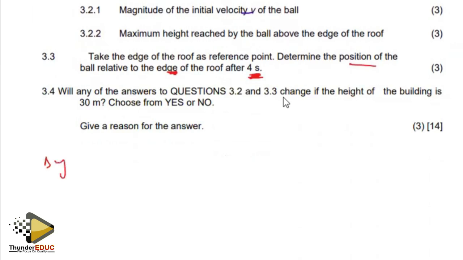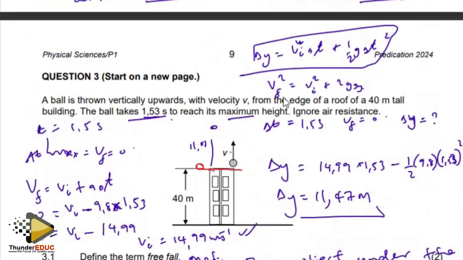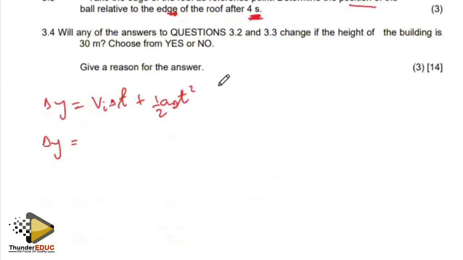So delta y is equal to V initial times delta t plus a half a delta t squared. Okay, my delta y. So let me just correct this, guys. It's supposed to be a, because a is the formula. We don't have g in the formula. So let's write the formula down. You get that mark.